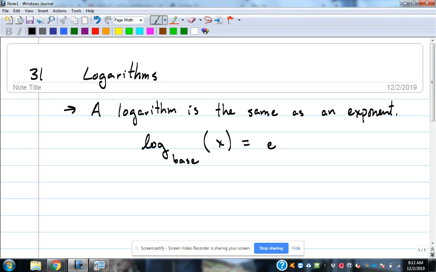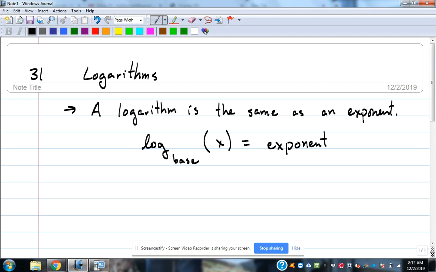Then you have something that you're taking that log base of, and it's equal to the exponent. This reinforces the statement that a logarithm is the same thing as an exponent. So logarithms are exponents. That's what they're equal to.